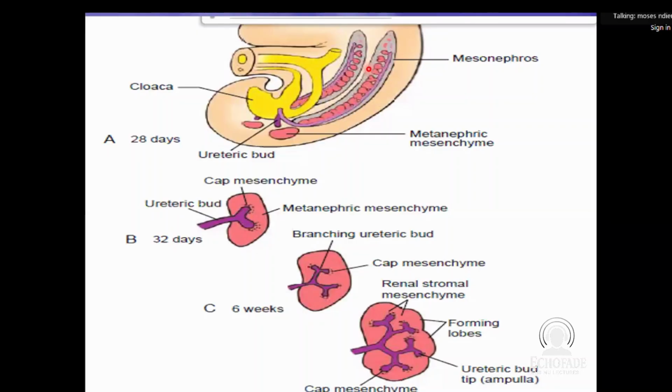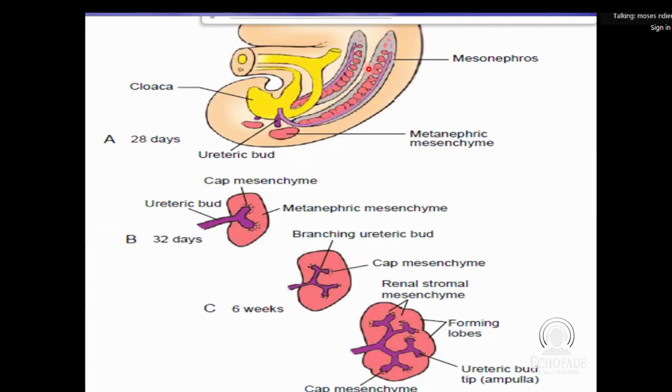that is now in the area of the thoracolumbar region, we have the condensation of mesenchyme tissue forming tubular structures on either side of the vertebral column. These tubular structures project towards the aorta. And several of these tubular structures, at the distal part, dilate to form a cup-shaped structure.